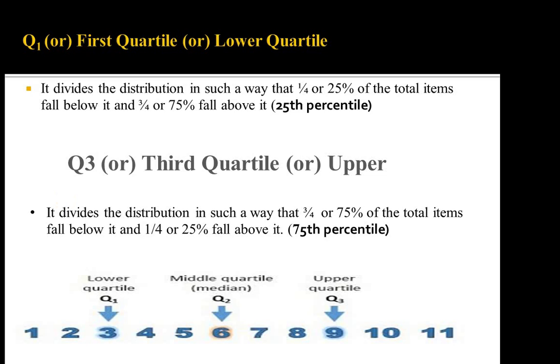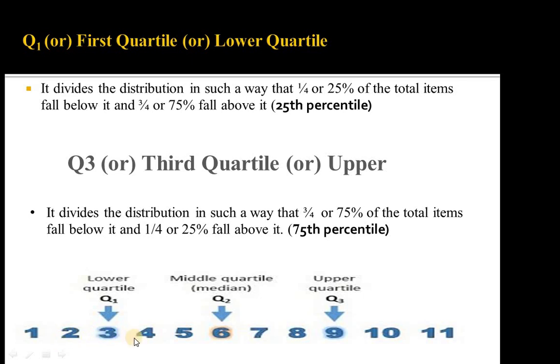Q1 divides the entire data in such a way that 25% will fall below and the remaining 75% will fall above, and in Q3 it's just opposite: 75% will fall below and 25% will fall above. You can consider this example here.